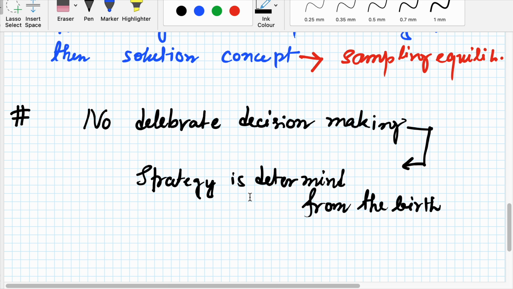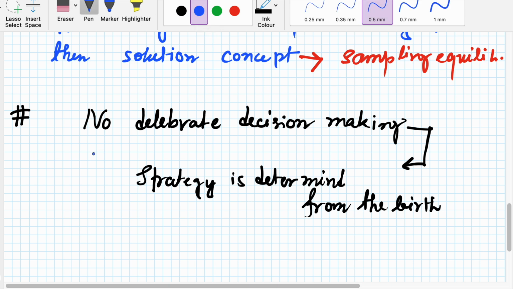Suppose, for example, the color of the feather of a bird, or the aggressiveness of a lion, or the color of a lion. These are examples where the agents cannot change their strategy during their lifetime. Only by mutation could the strategy of an individual change.